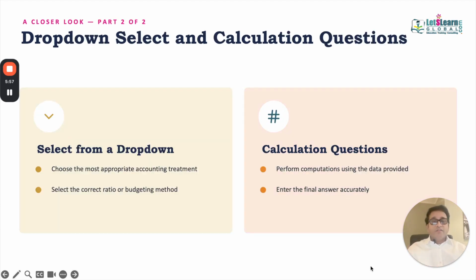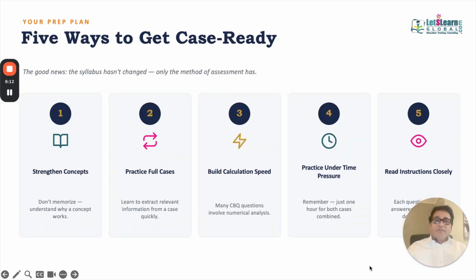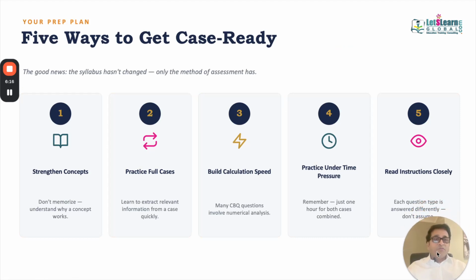So fill in the blanks, theory and calculations, then match the following, then drop down list. These are the different types of questions in each case study you will encounter.